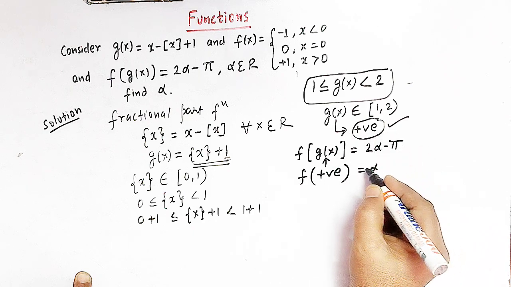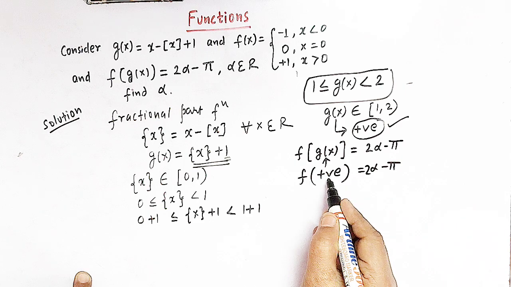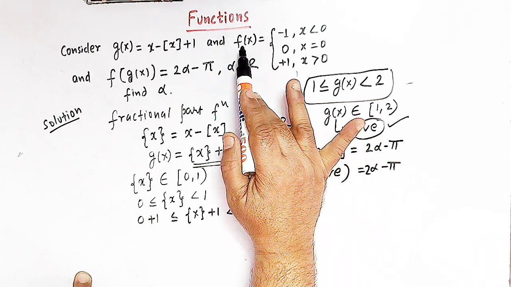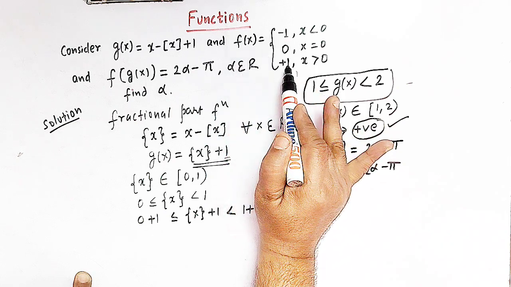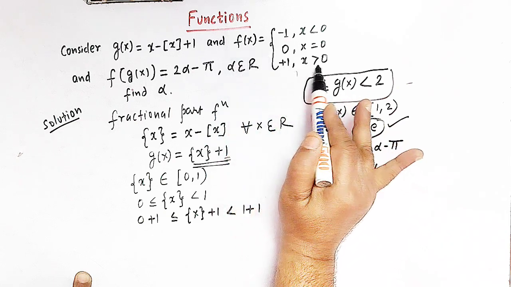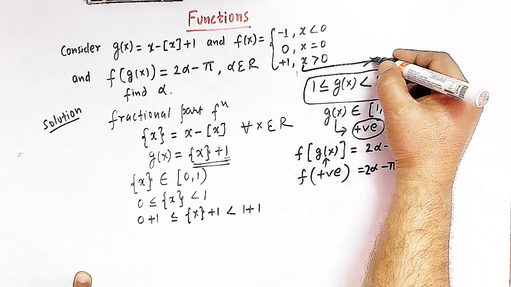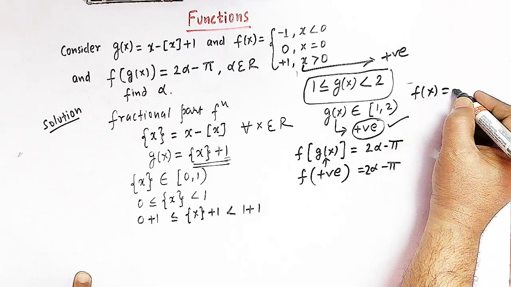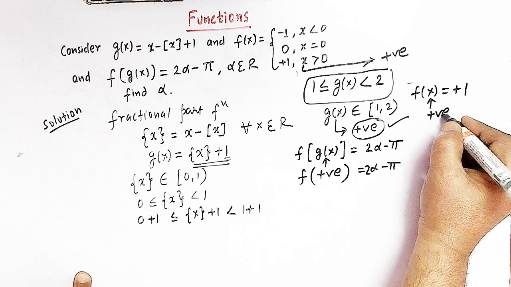and here we have 2 alpha minus pi. Now f of some positive number is equal to 1, because f of x is defined as plus 1 for all x greater than 0. So it means this x is positive, so f of x is equal to plus 1 whenever x is positive.